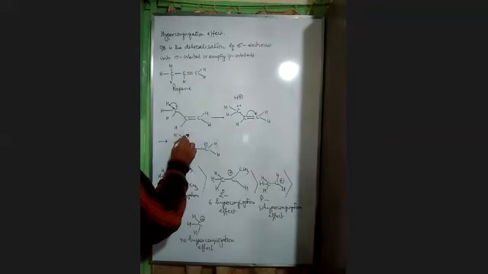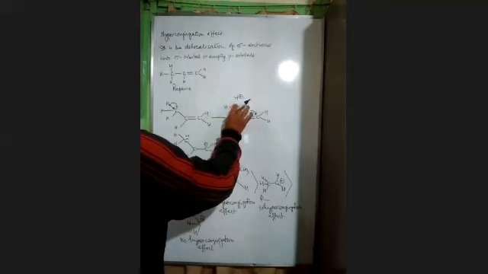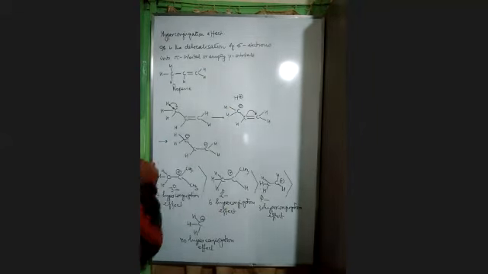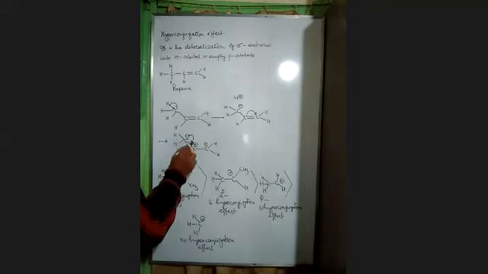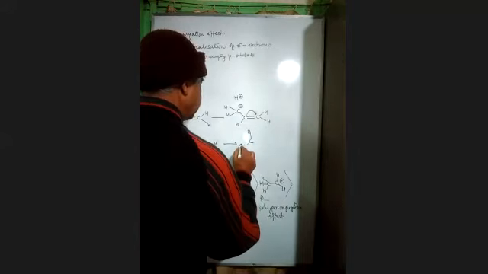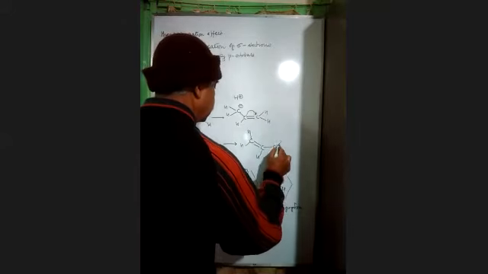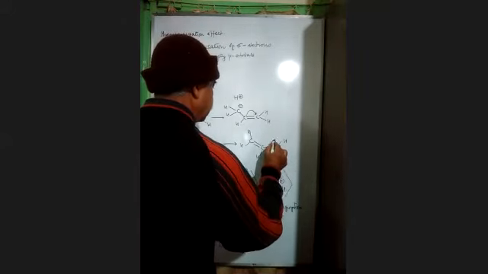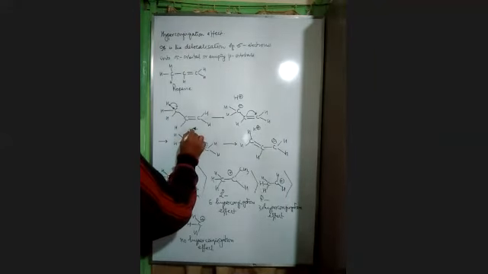So generally, this electron belongs to this carbon. When an extra electron comes, it acquires a negative charge. So we'll write negative here. Then I have to write positive here because this electron has gone here. See now what will happen? This electron will come here. So you will get this, and this H plus is nearby.